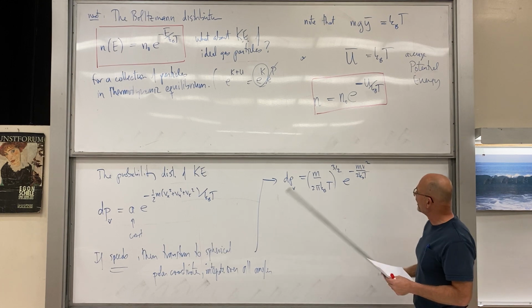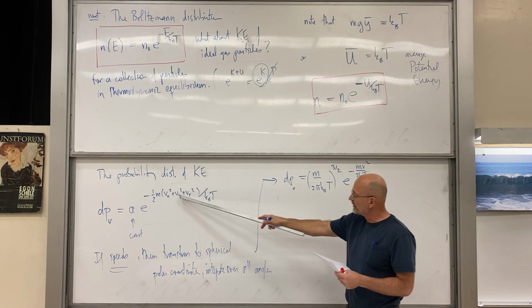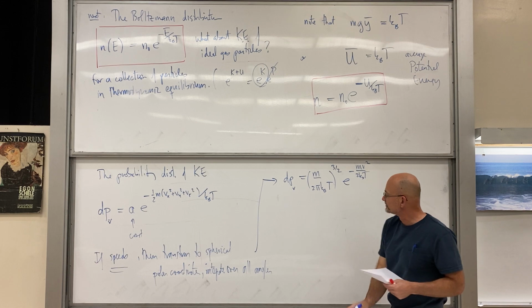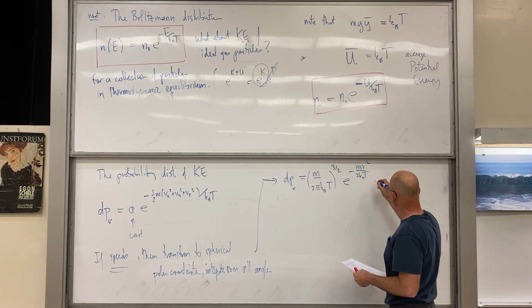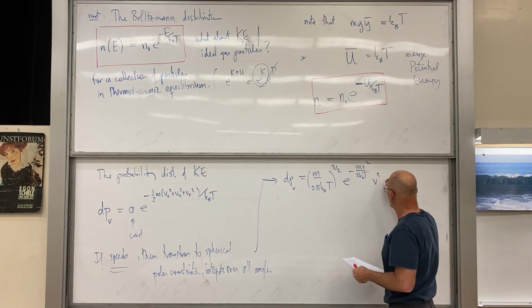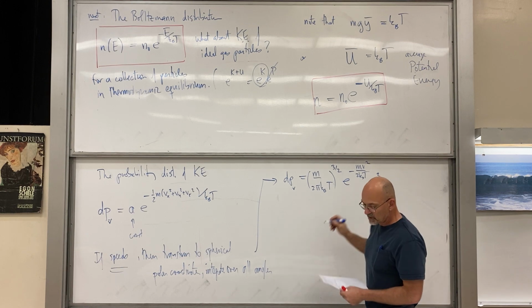This v squared is Vx squared plus Vy squared plus Vz squared. The transformation to polar coordinates gives you, oh, I left something off here.